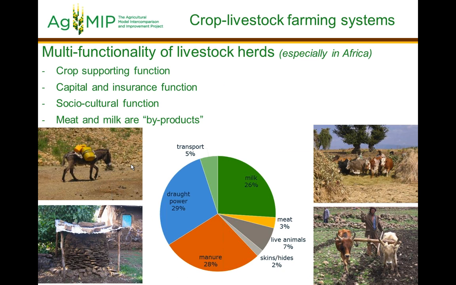Okay, let's then come to a few of the important characteristics of these systems. And one of them is the multifunctionality of the livestock herds, and that is something that is especially true in the African context, where animals are often or almost always not just kept for meat and milk production, but more importantly for these other functions, such as the crop supporting functions in terms of manure, in terms of draft power.